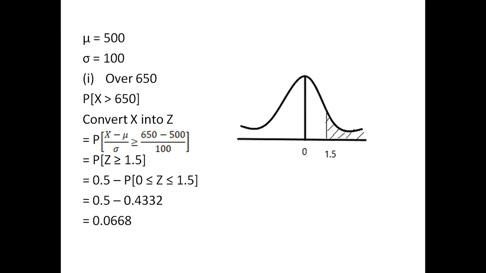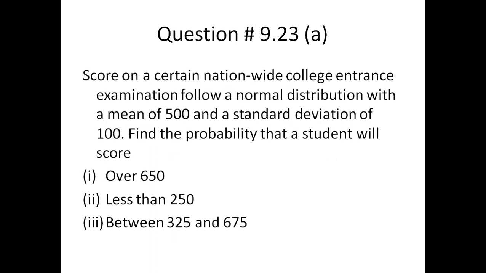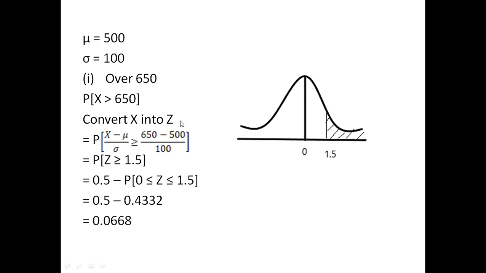So first of all we need to know the mean. Mean is 500. We know that mean is represented by mu, so we have written here mean, and then standard deviation was 100, so here I have written standard deviation 100. Now I have to find the probability over, meaning greater than, so I have written probability of x greater than 650.